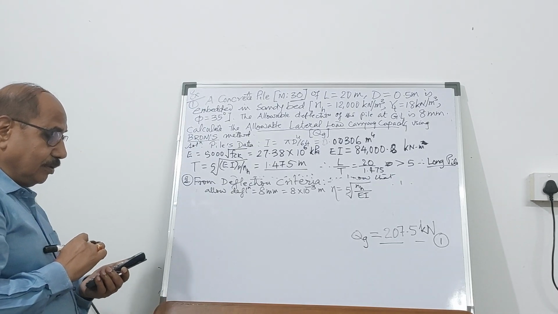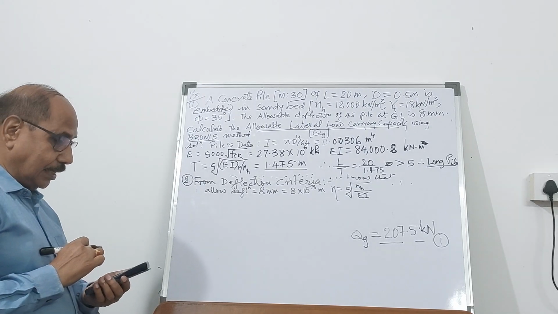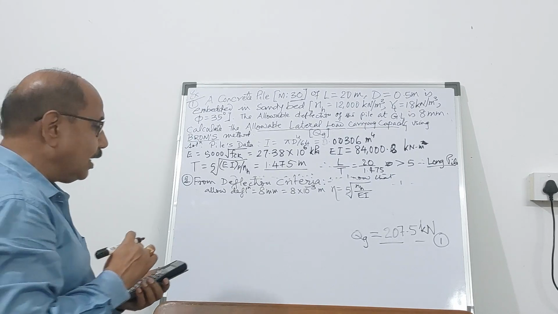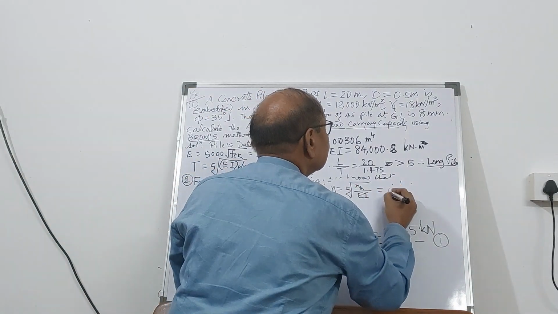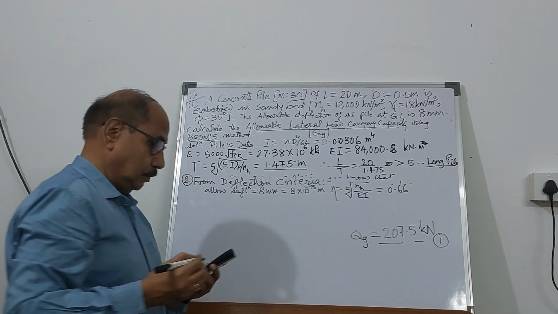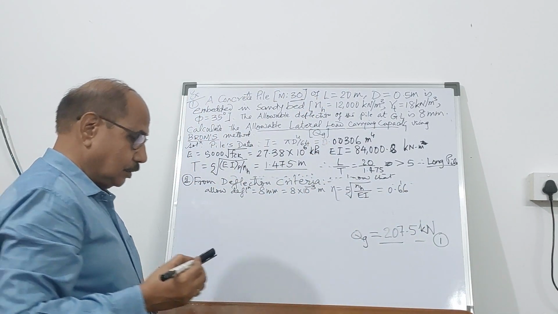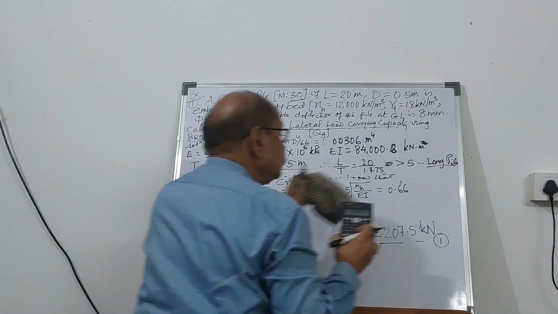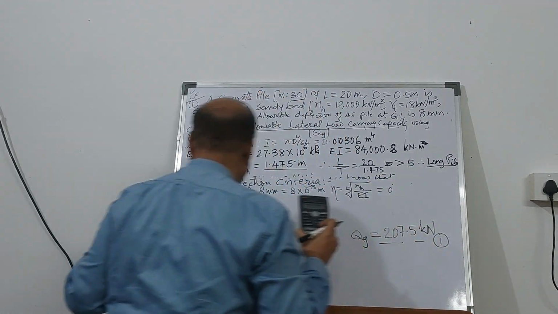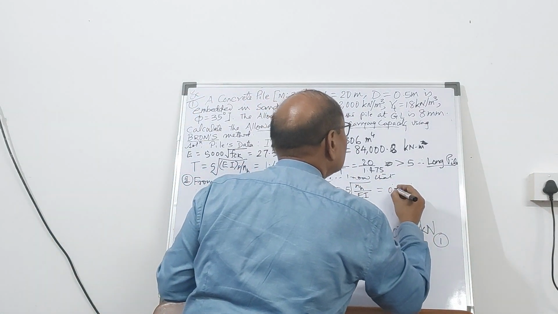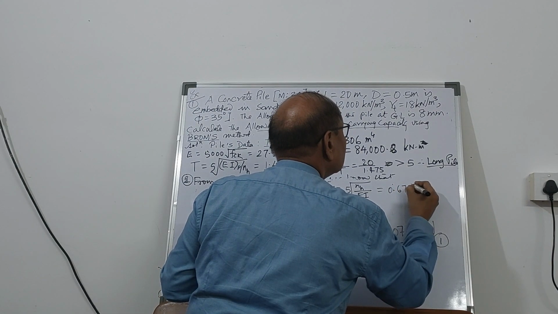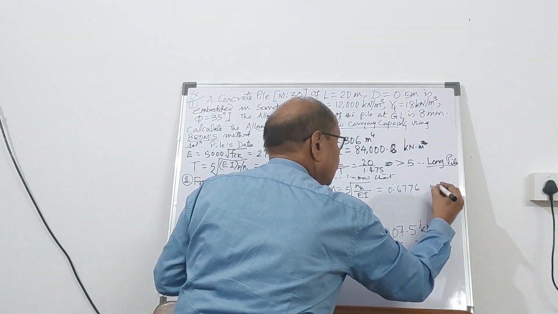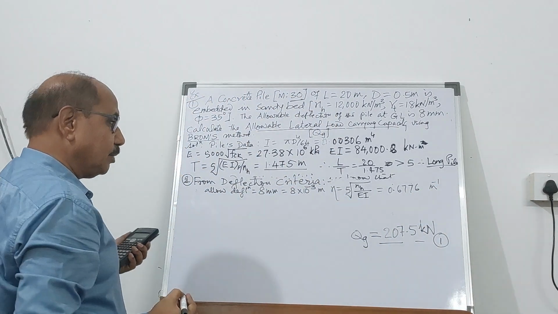So then you will be getting the value of eta as 0.6776, the unit is per meter.